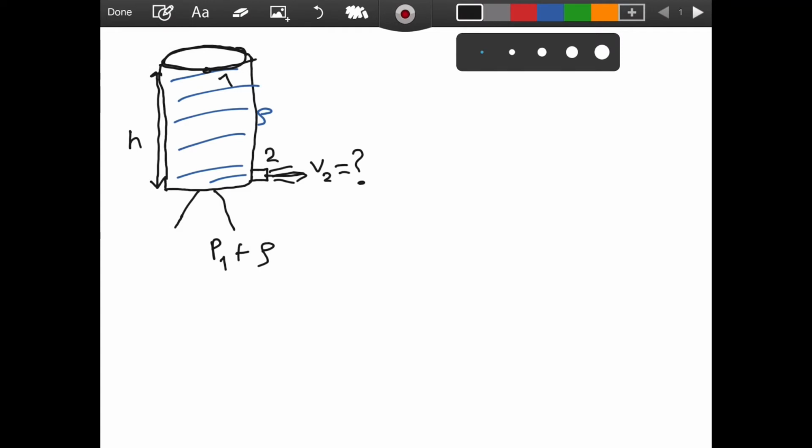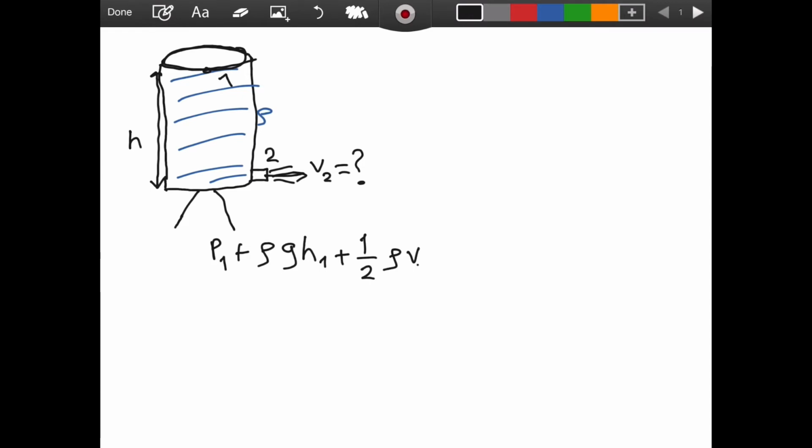The density times g, gravitational acceleration, times h1, the first height, plus 1 over 2 rho v1 squared. And v1 is going to be the first velocity value, so it will be downward like this. Right, I hope this makes sense.